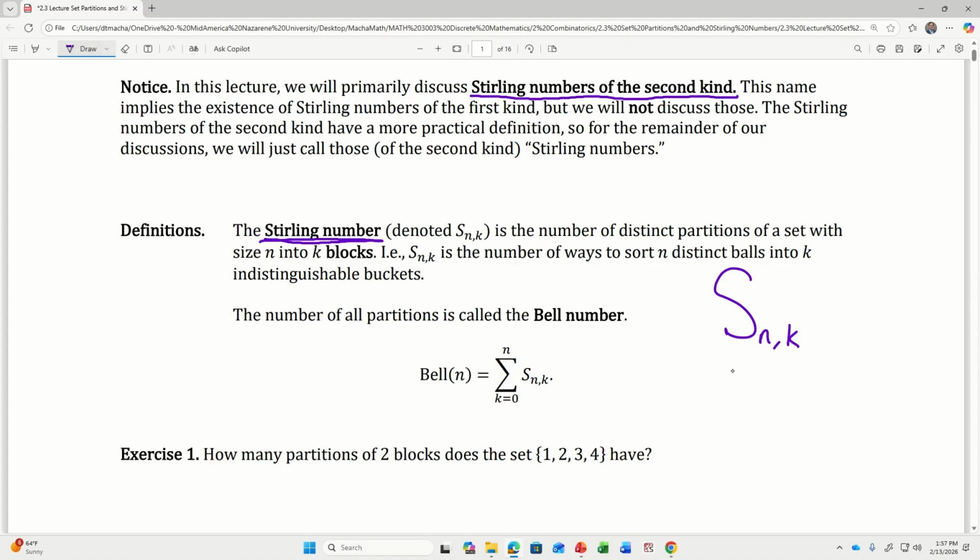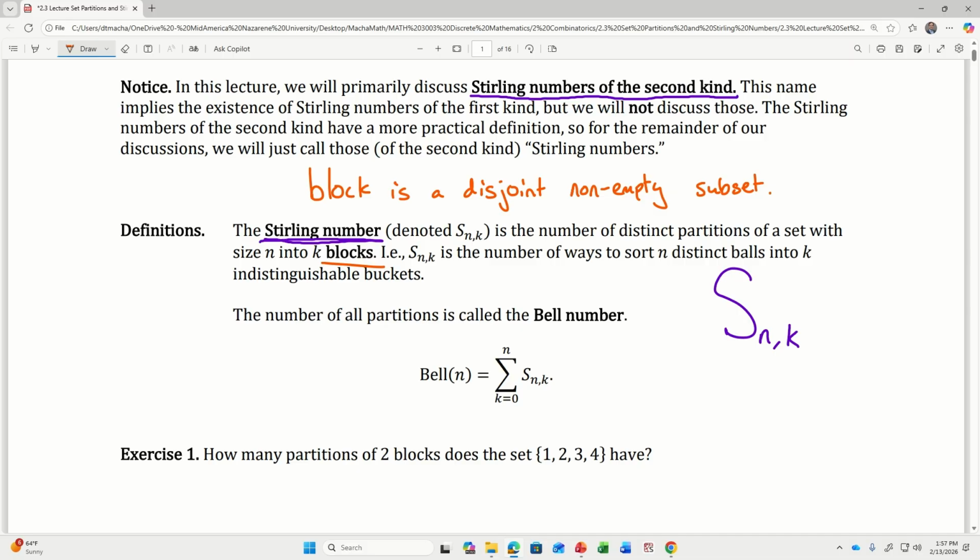A block, I should have put a definition for block, but a block is a disjoint subset. Specifically, a disjoint non-empty subset.